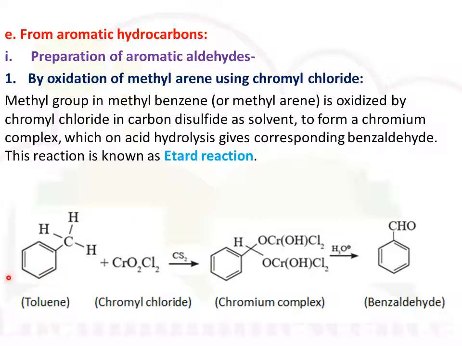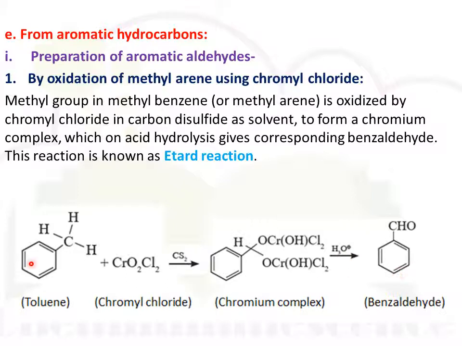Here you can see this is toluene, which is methyl benzene, or we can say methyl arene. Methyl arene is nothing but a methyl group present on the benzene ring or an aromatic ring, which on reaction with chromyl chloride in presence of carbon disulfide as a solvent forms a chromium complex, which on further acid hydrolysis gives benzaldehyde.